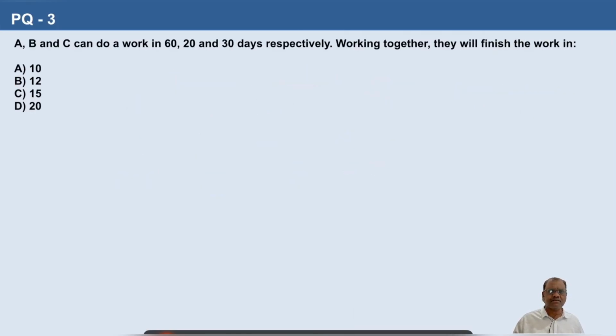Question number 3. A, B and C can do a work in 60, 20 and 30 days respectively. So working together, they will finish the work in how many days? Same procedure, we have 3 people here. So here time into rate is equal to work.